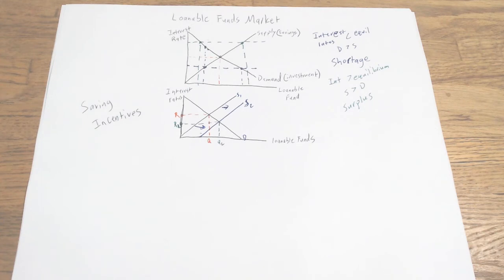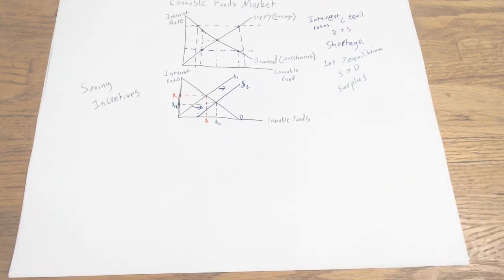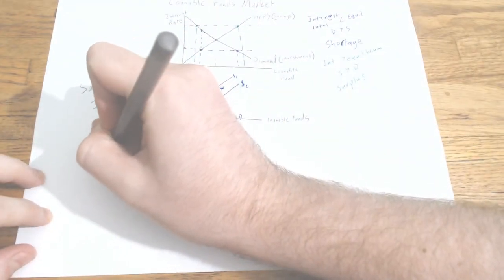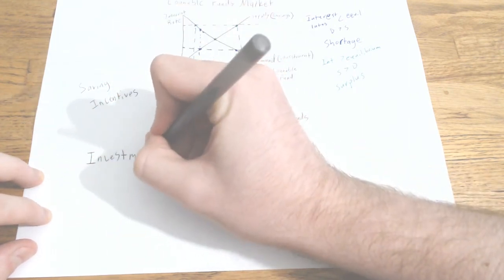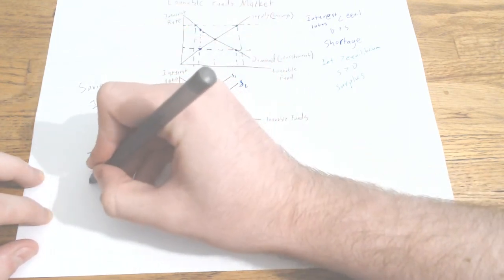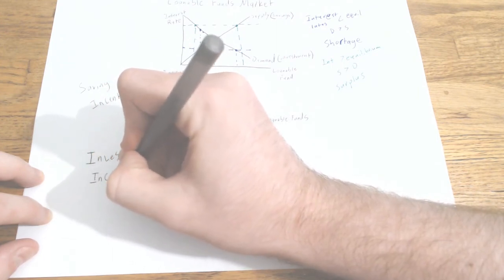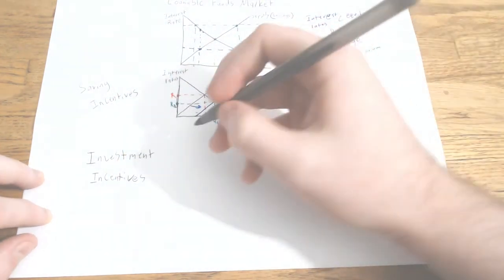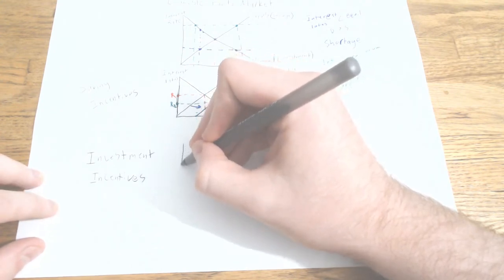Now, let's look at an investment tax credit. So this is going to be focusing on demand. So we can draw our supply and demand again for our loanable funds market.